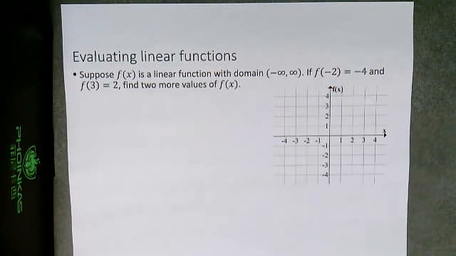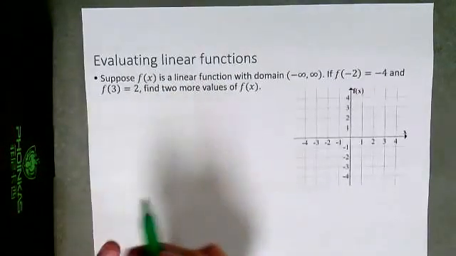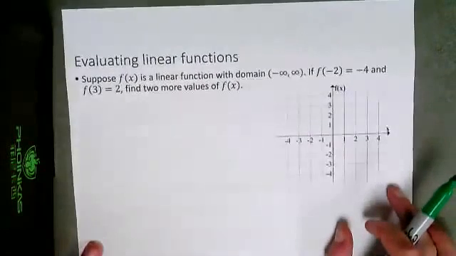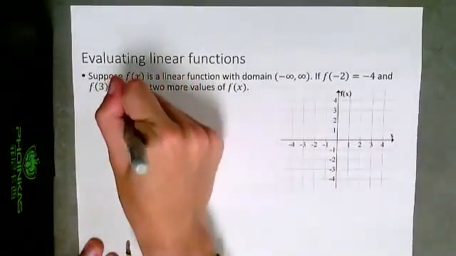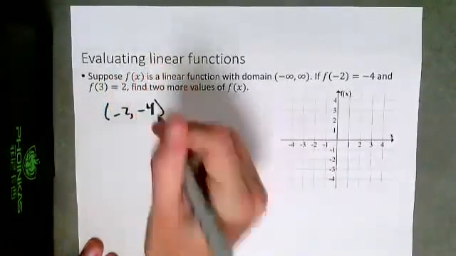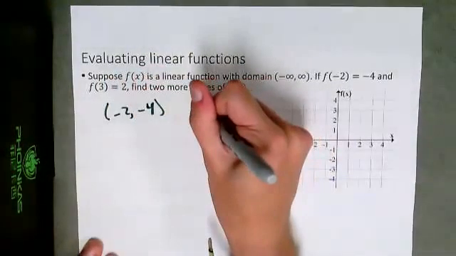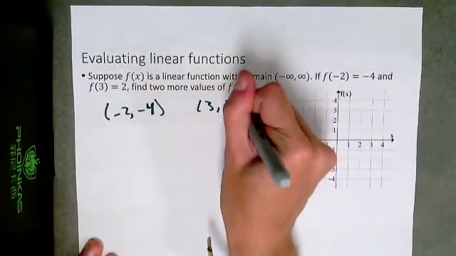There's a couple different ways you can go about this. Well, let's list the points here. f of negative 2 equals negative 4 tells us that one point is negative 2 comma negative 4. And f of 3 equal to 2 gives us another point, 3 comma 2.